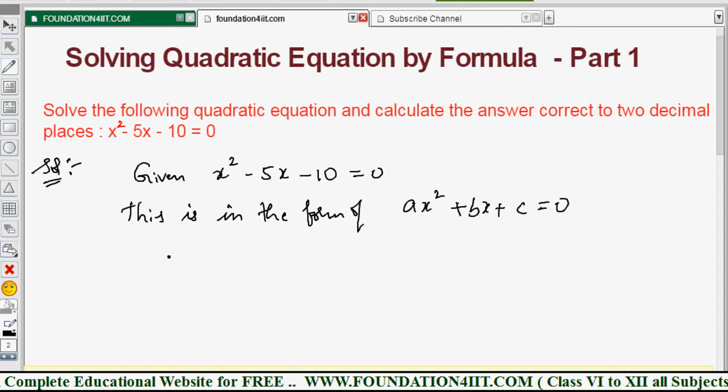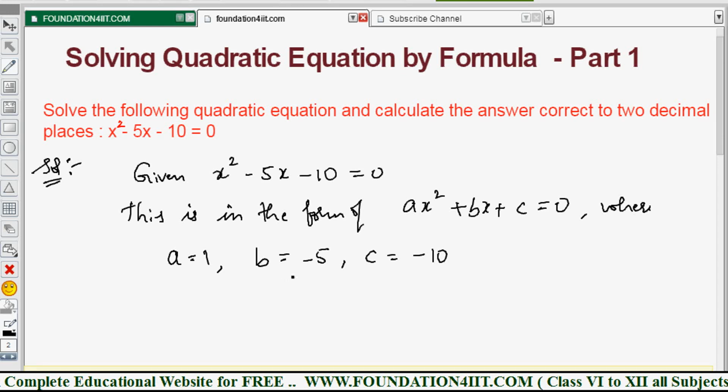Then we can say what is a. So a is equal to the x square coefficient, that is 1, and b is equal to the x coefficient, that is minus 5, and c is equal to the constant, that is minus 10.